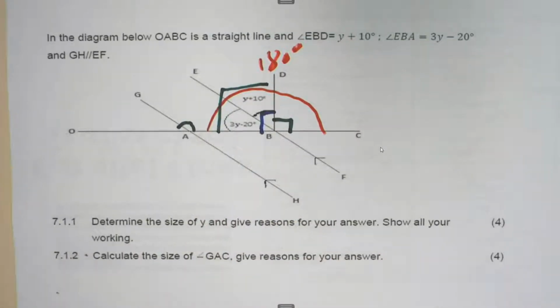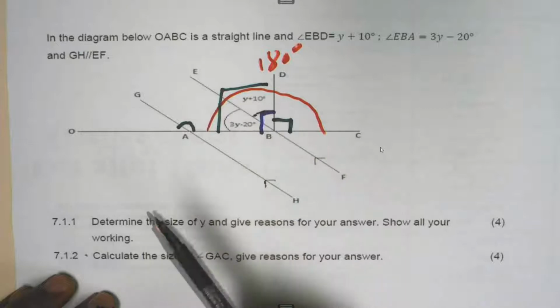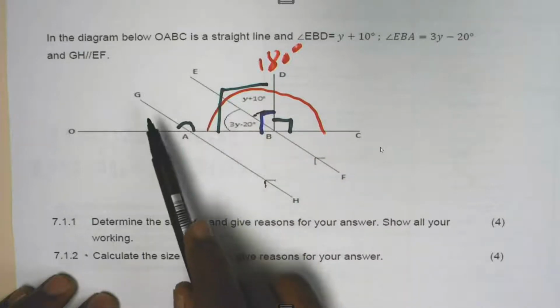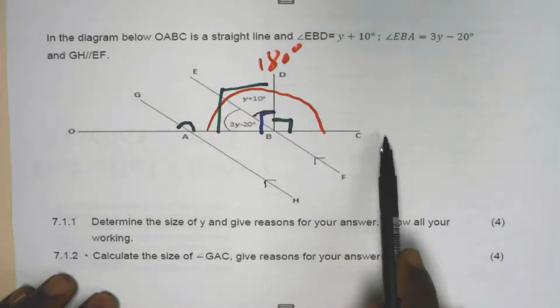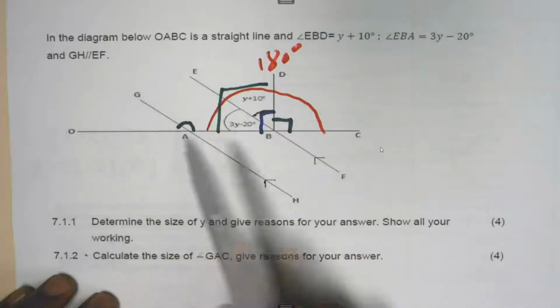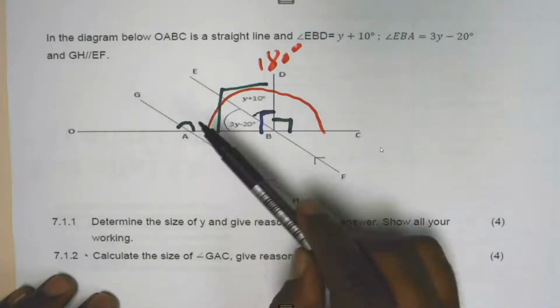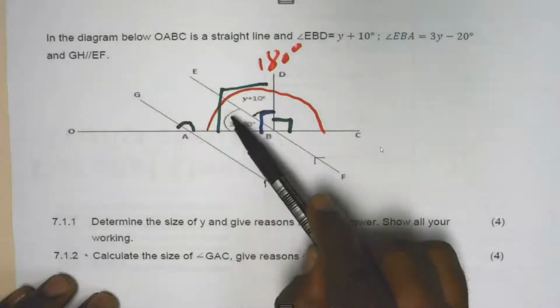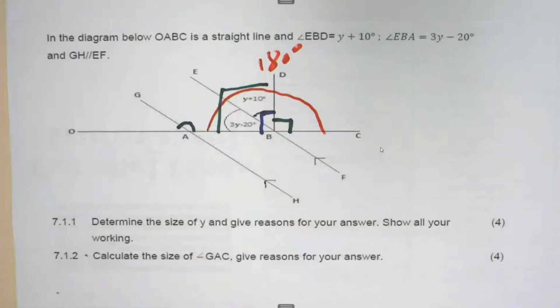So in as far as your parallel lines are concerned, what do we have here? GAC, what is the relationship? In other words, you look for GAC. Where do we find GAC? GAC is found as a co-interior angle of parallel lines.